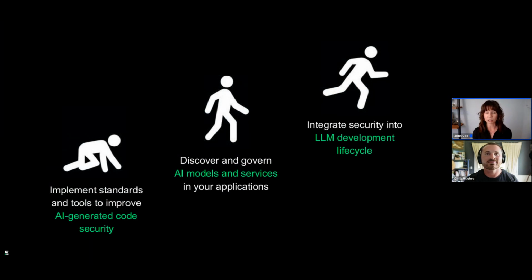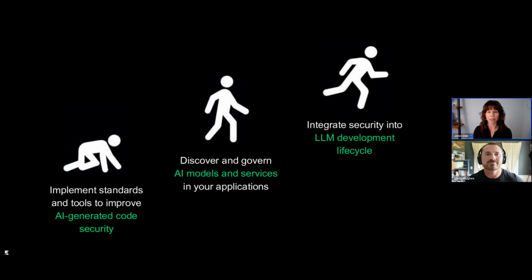We'll spend most of our time talking about the crawl phase because it's going to be most broadly applicable to everyone who's watching. That's going to be focused on how you implement standards and tools to improve AI generated code security. Then the walk stage is, okay, great, you've dealt with the code security, but your developers are bringing in AI models and services.